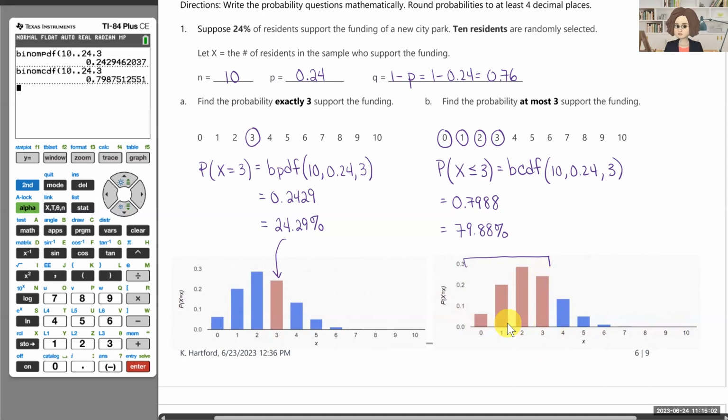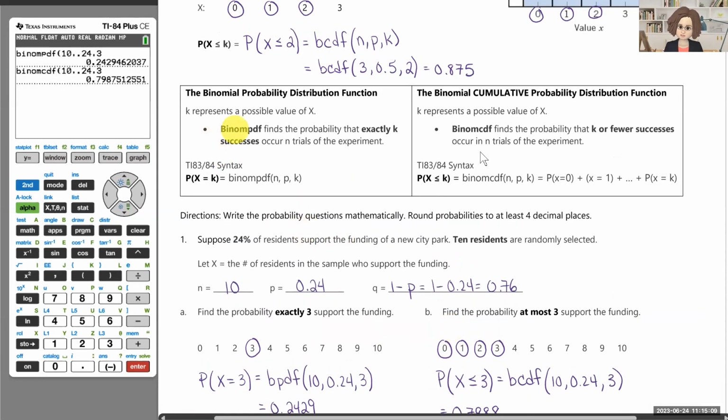I just wanted to point that out as a comparison as we move forward. All right, so those are our 2 functions. Those are the only 2 the calculator has. They can handle the exact case, binompdf, and the k or fewer case, binomcdf. And then we have to learn how to handle some other inequalities as well, and we do that next.